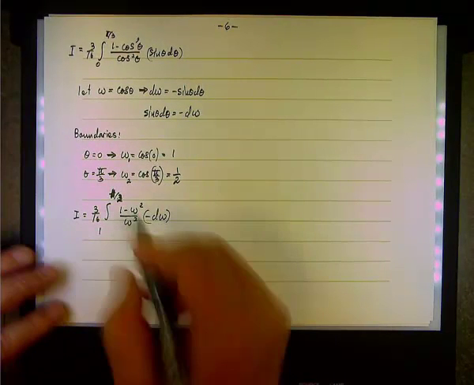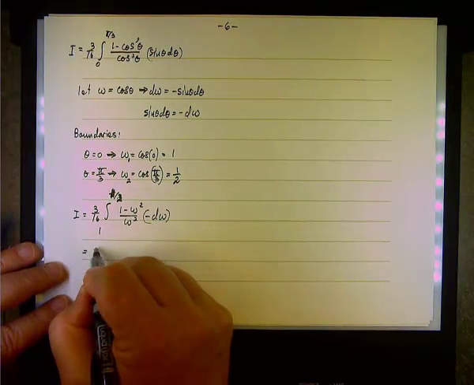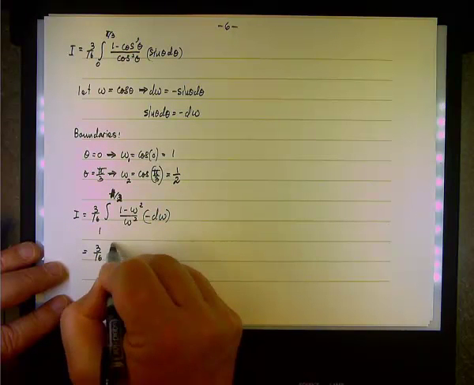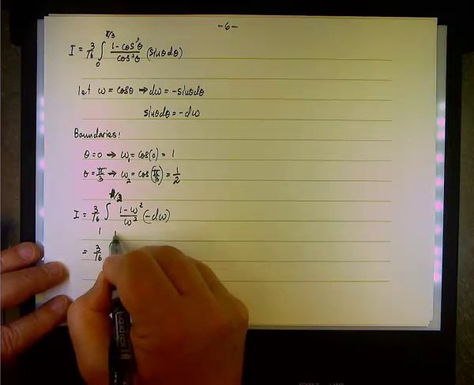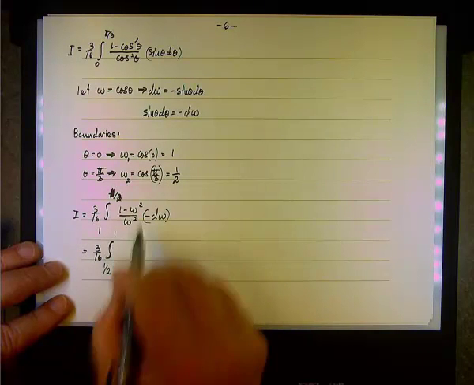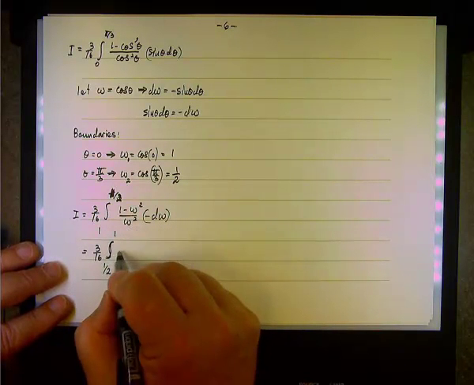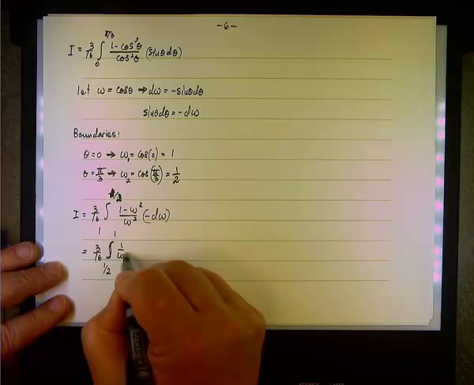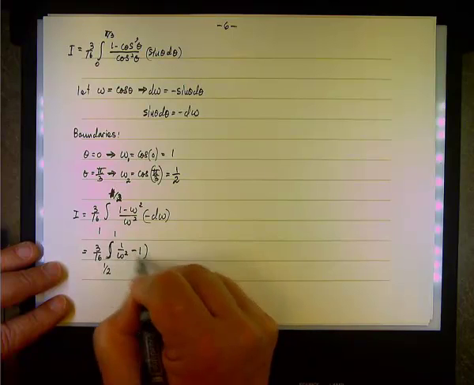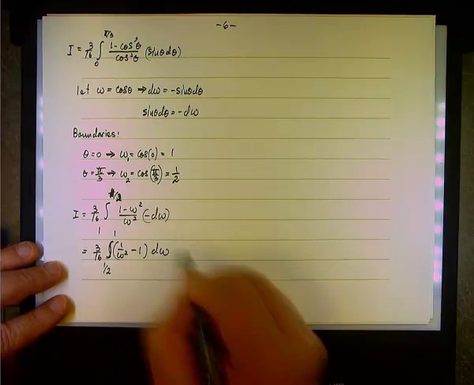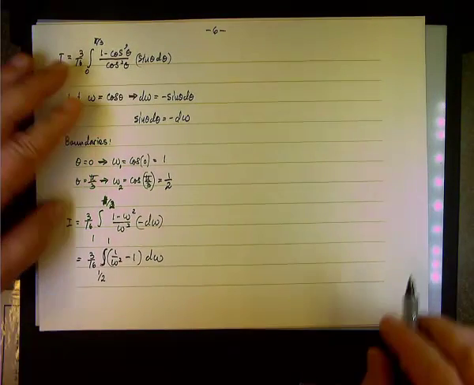So because of the negative, we're going to flip the boundaries and get rid of the negative. So we go from 1/2 to 1. And look what happened here. We have a common denominator. So this will be 1 over w squared minus 1 dw. And now this is the integral.